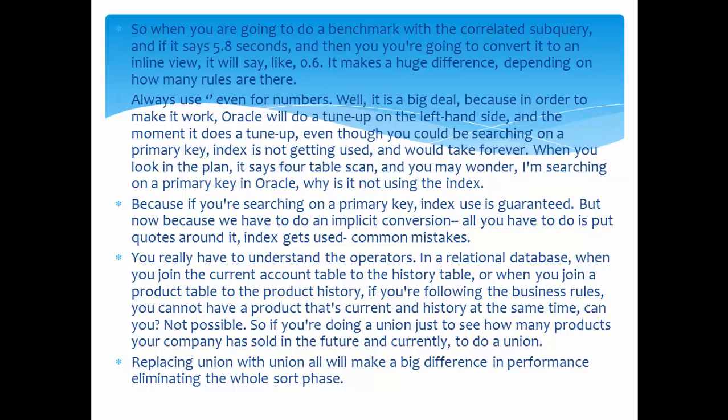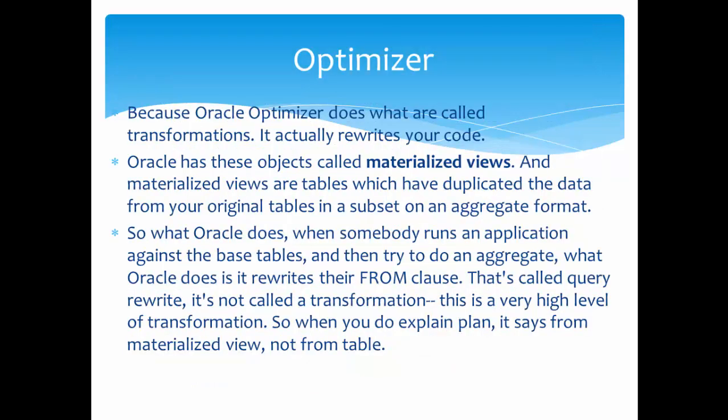So if you're doing a union just to see how many products your company has sold in the past and currently, replacing union with union all will make a big difference in performance, eliminating the whole sort phase. The Oracle Optimizer does what are called transformations. It actually rewrites your code.